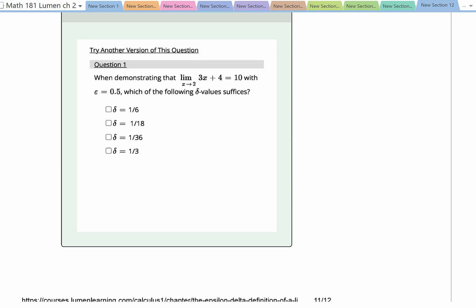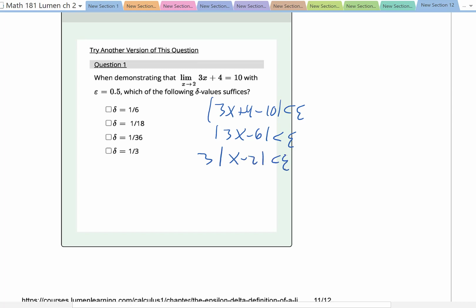For this last one, if we look at, again, our 3x plus 4 minus the 10, that's our f of x minus L, less than epsilon, we have the absolute value of 3x minus 6 is less than epsilon. So 3 times the absolute value of x minus 2 is less than epsilon.